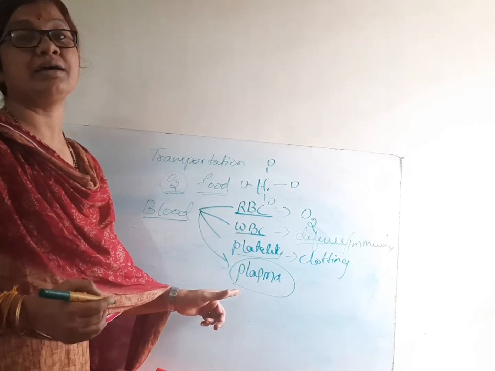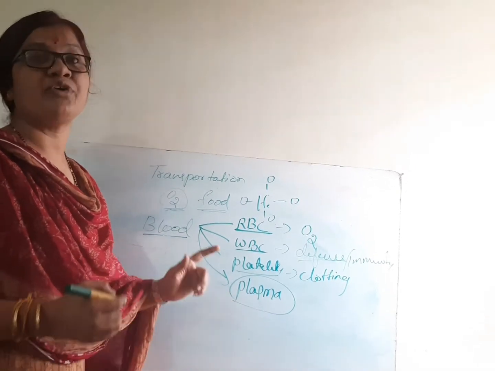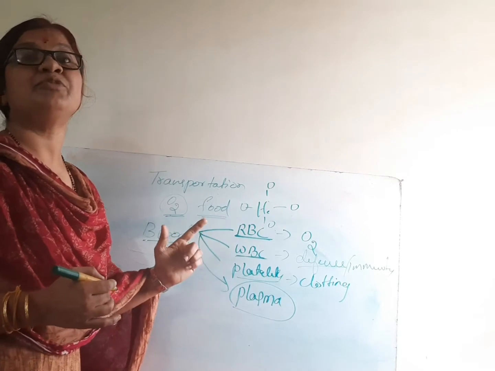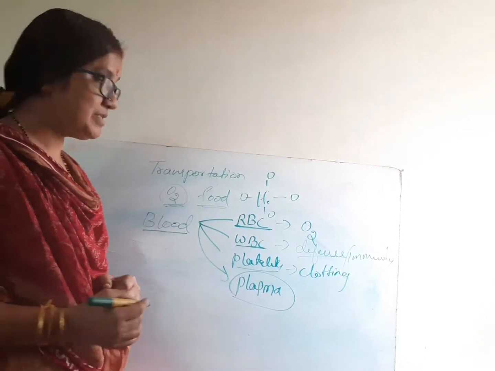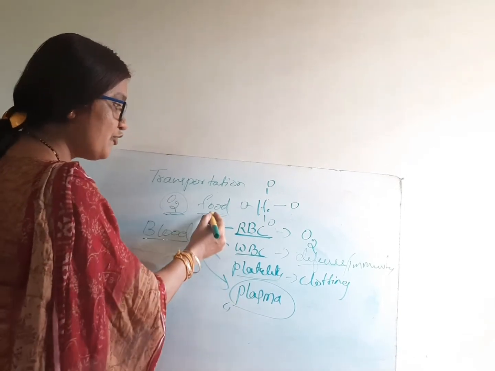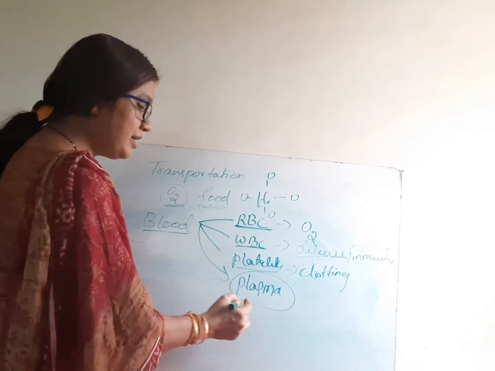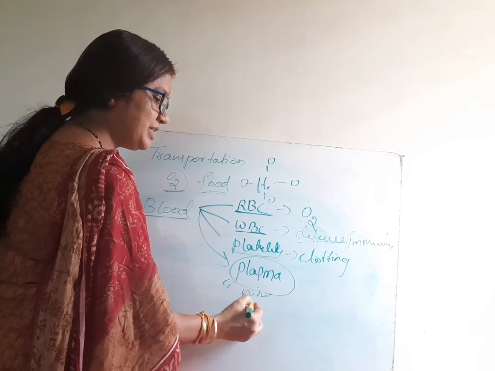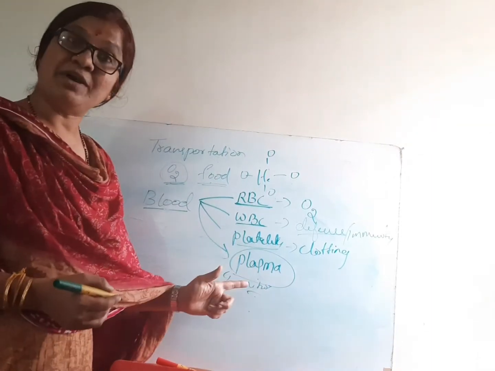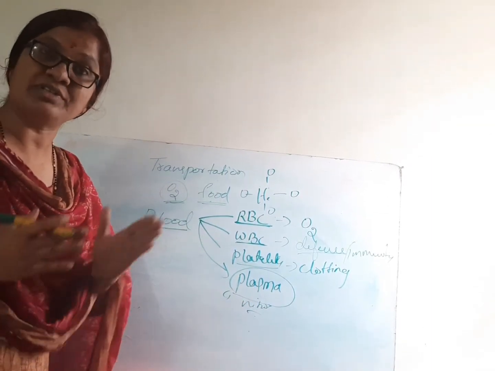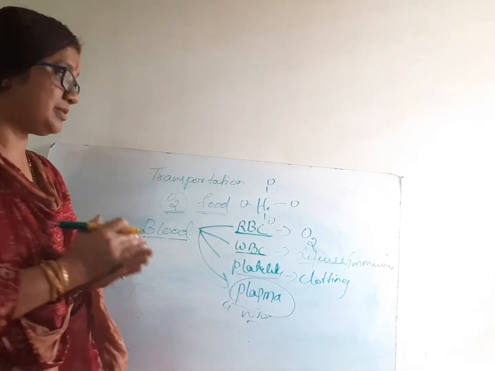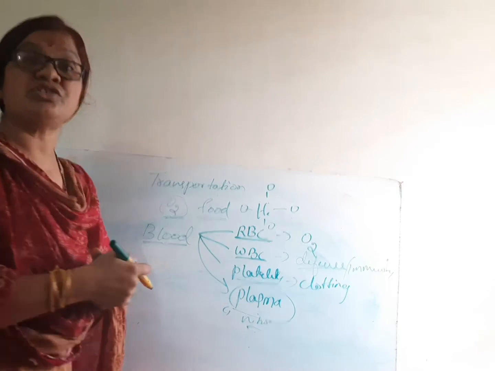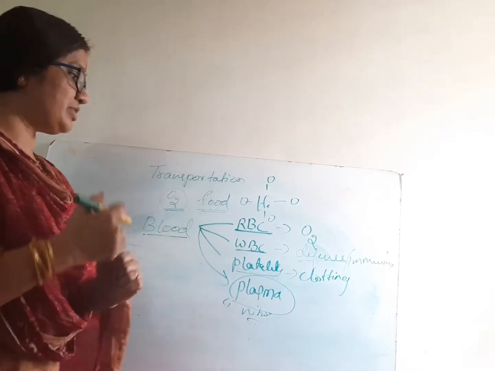Plasma has a maximum amount of water and proteins, and it helps in transportation of food particles and other nitrogenous waste materials from one place to another. And RBC is very essential to transport the oxygen.